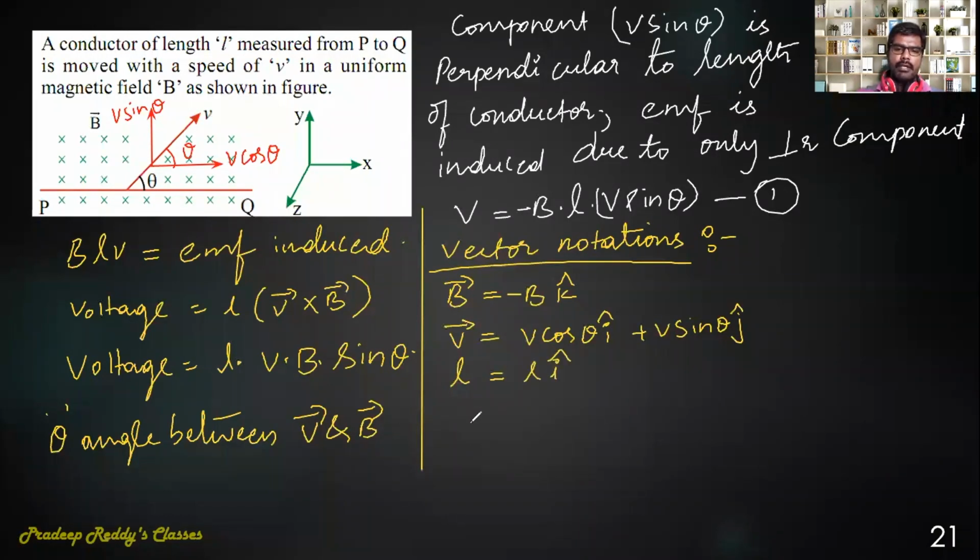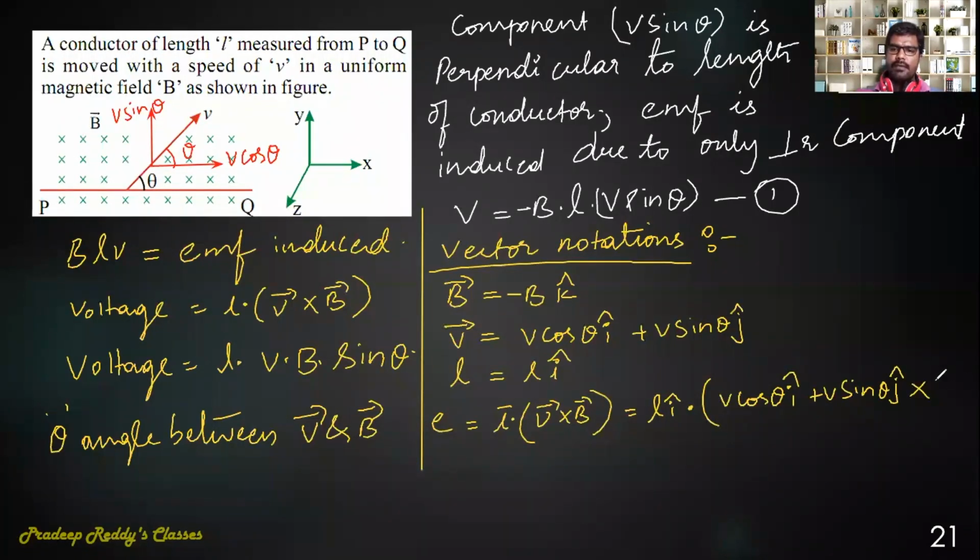So as a whole, you can write EMF induced will be equal to L bar dot V bar cross B bar. This is L I cap dot, with V bar being V cos theta I cap plus V sin theta J cap, cross product of minus B into K cap.